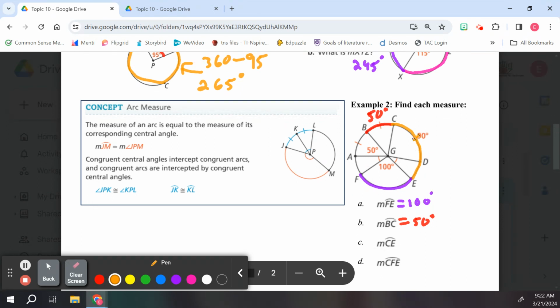Okay, so we're going to take 360. Now remember, this is 50 also. We know this is congruent with this, and we know this is 100. So we can take 360, subtract 90, subtract 100, subtract 50, and another 50. How many degrees are we left with?